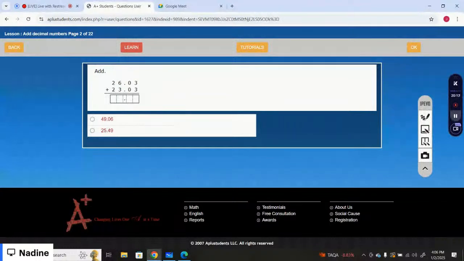26.03 plus 23.03 you need to add. So which is the correct option? That is 49.06.